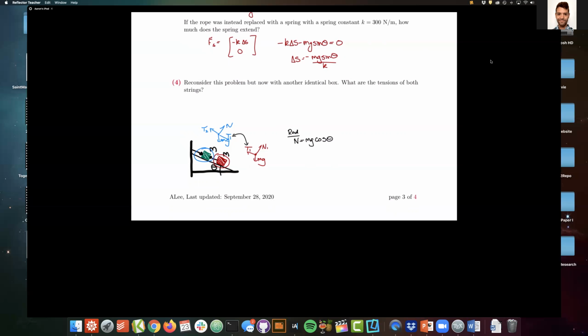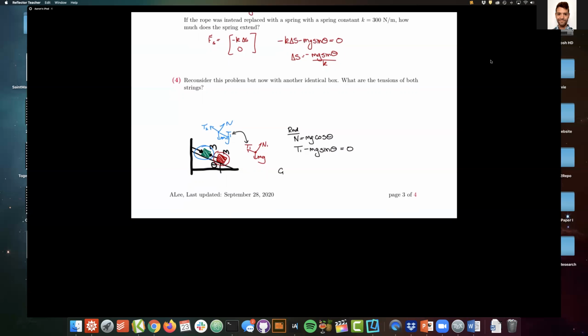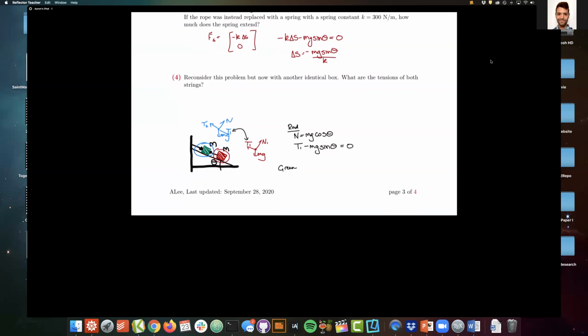In the horizontal direction, only the tension pulling upward is balancing the gravitational pull going downward, and that must equal 0. So then you can figure out what the tension in the first string is, the string that's connecting the two boxes. This will be positive because it's pulling the red box up.